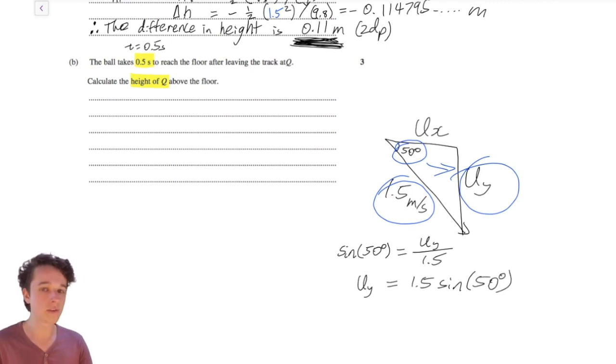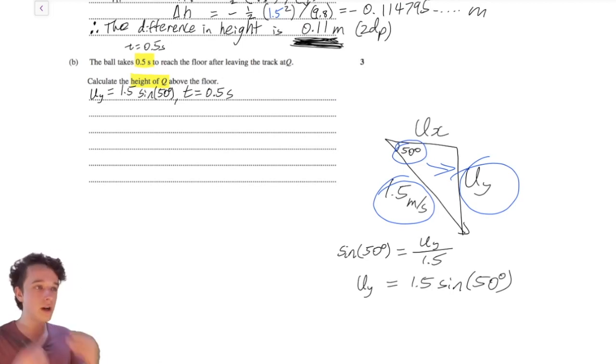So that's one piece of information that we know: uy is equal to 1.5 sine 50. The other relevant thing that we know is t equals 0.5 seconds, the time of flight.